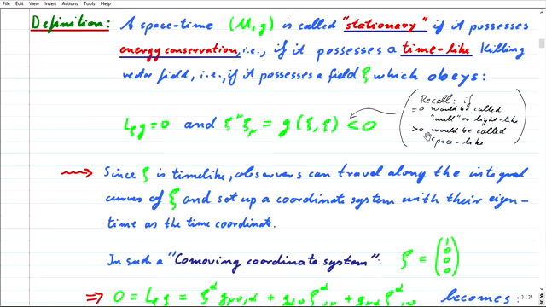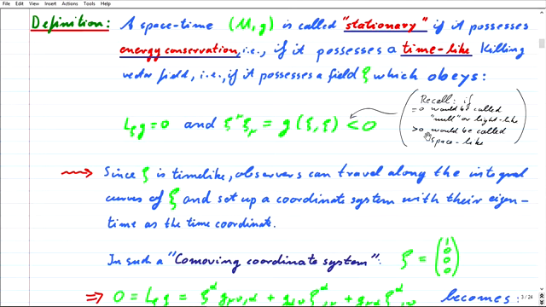So for example, a spacetime, and by that I mean a differentiable manifold with a Riemannian or pseudo-Riemannian metric, is called stationary if it possesses energy conservation. Which is to say that this is the type of spacetime which has a time-like Killing vector field. The time-like Killing vector field translates into the conservation of a conserved quantity, which is then, by definition, called energy.